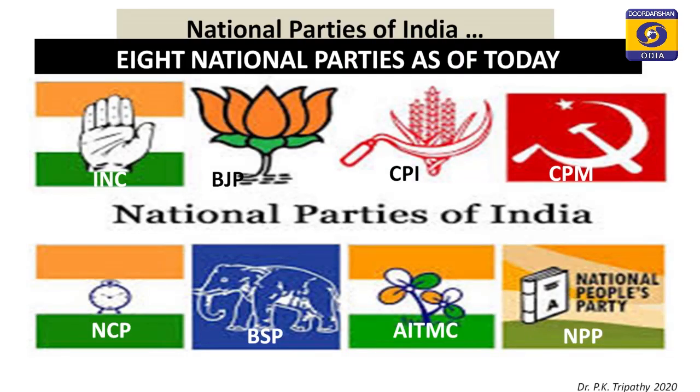As of today, you can look at this slide, you will get 8 national parties in India, and I have represented them with specific symbols. Accordingly, the Indian National Congress is there, the BJP or the Bharatiya Janata Party, then the CPI, Communist Party of India, then the CPM, then the Nationalist Congress Party, then the BSP or Bahujan Samaj Party with an elephant, and the All India Trinamool Congress with grass and flower.